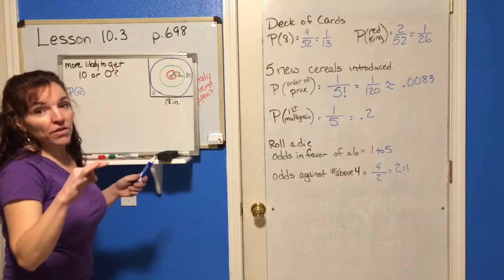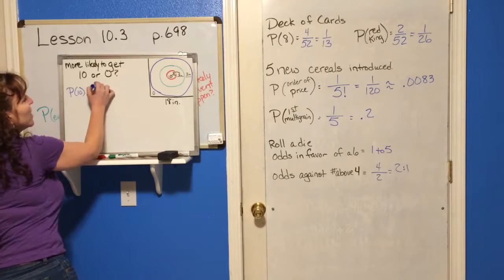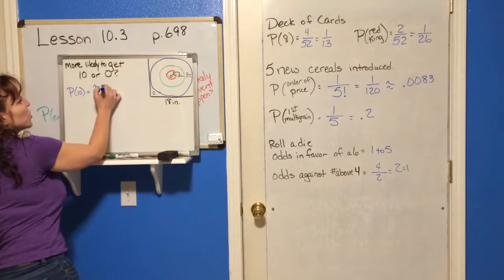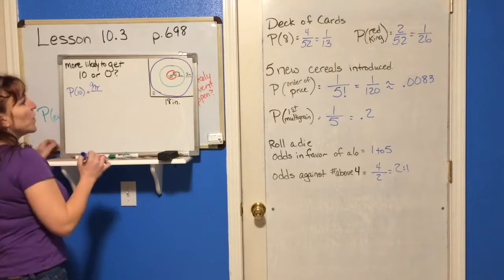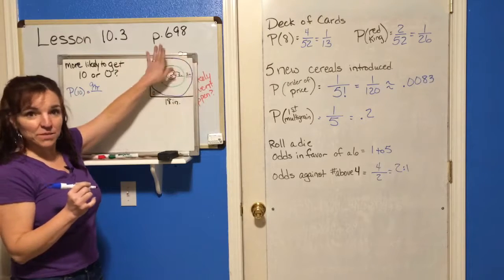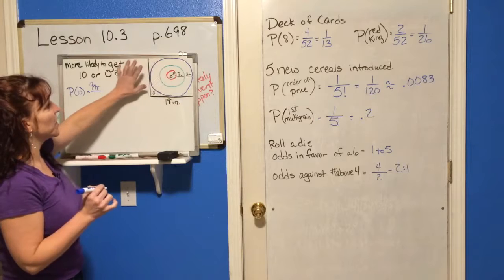So if you'll remember, the area of your circle is pi r squared. So we're going to do pi times the radius squared, and this says that the radius is 3, so 3 squared is 9. So 9 pi over the area of the entire thing, because anywhere on here I can get points or 0 points. I want to hit the target.